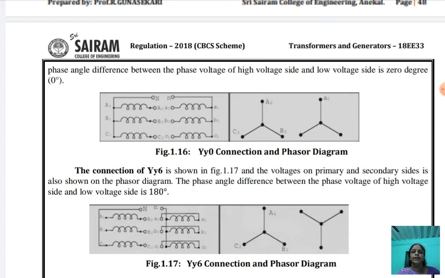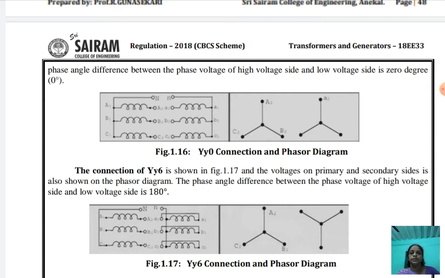Then the YY6 connection. YY6 connection means the phase difference between the phase voltage of the HV side and LV side is 180 degrees.